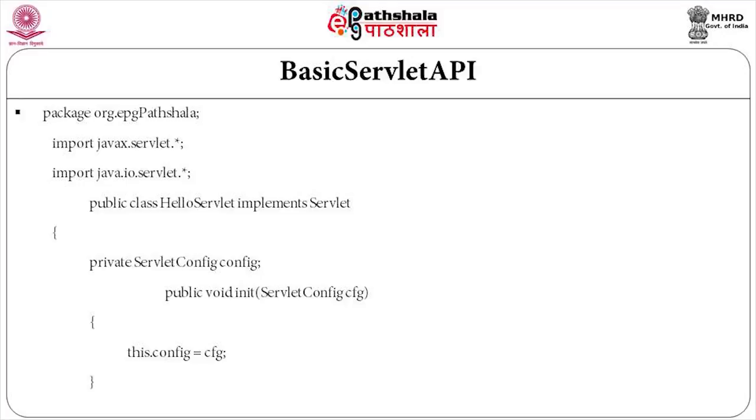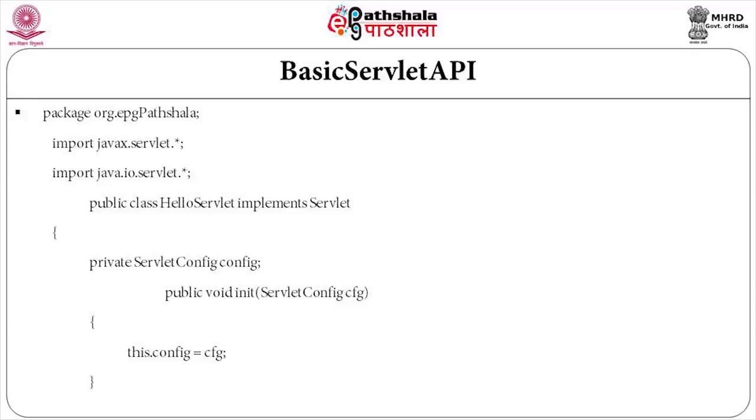For example, let us use our package name as org.epgpathshala.servlet. We will need import statements: an import for javax.servlet.star, and another import for java.io.star, because we will be using the streams. That should be the import statements, and then we can begin with our class definition.